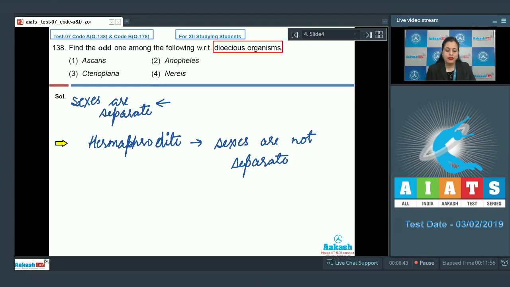The options given are Ascaris, Anopheles, Ctenoplana and Nereis. And the correct answer to this question is option number 3, that is Ctenoplana.